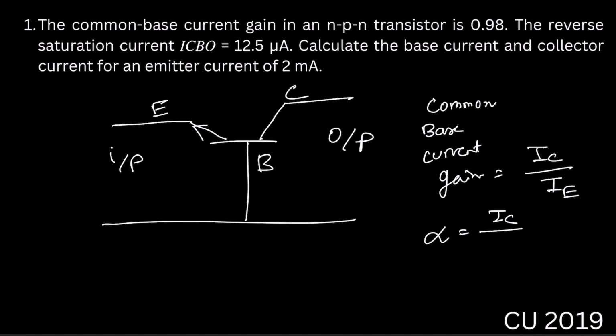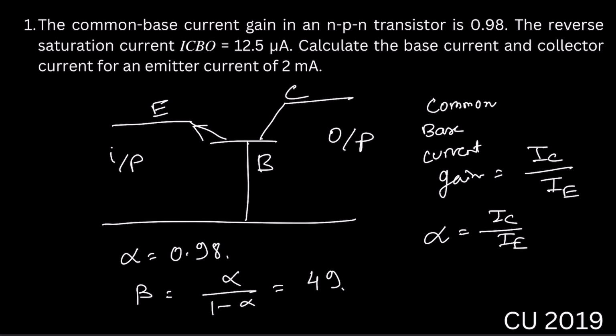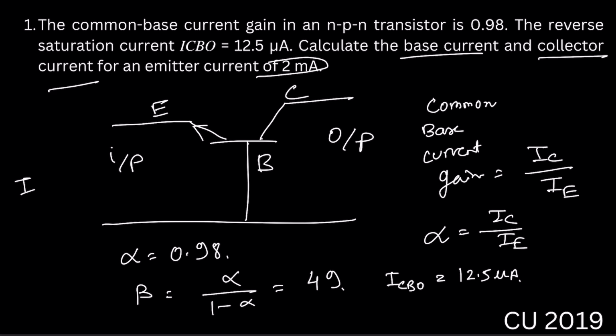So they say alpha equals 0.98. That means beta will be alpha by 1 minus alpha, which is 49. And the reverse saturation current ICBO is 12.5 microampere. They need the base current and the collector current when the emitter current is 2 milliampere. That means IE is 2 milliampere and they need IC and IB.